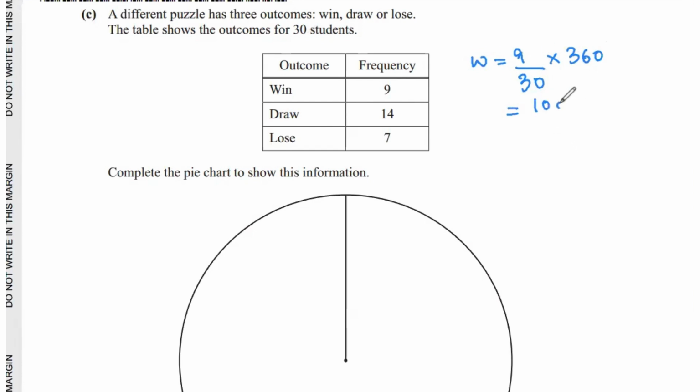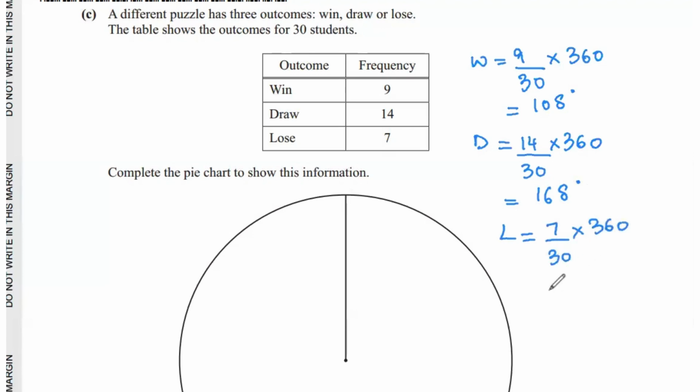That gives us 108. Then for draw, we do 14 divided by 30 times 360, which gives us 168. And then for lose, it's 7 over 30 times 360, and that will give us 84 degrees.